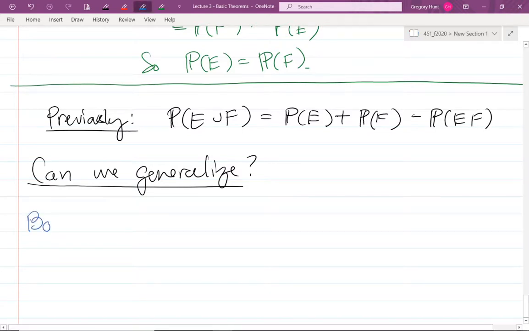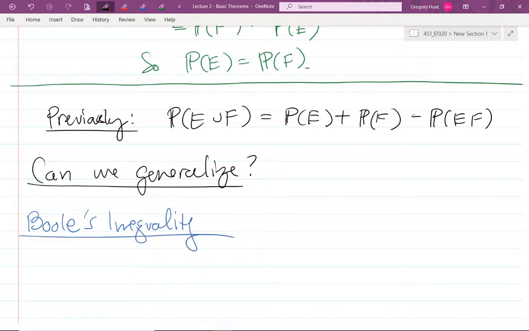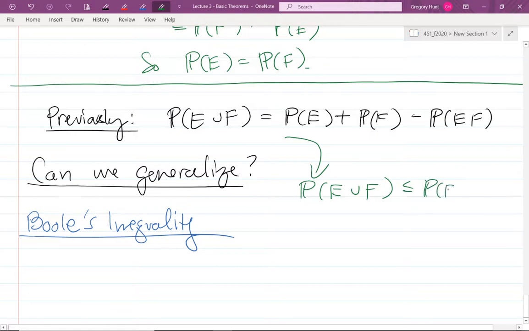This is called Boole's inequality. So Boole's inequality, not an equal sign, we can generalize this fact here to say that the probability of E union F is at most the probability of E plus the probability of F, right? This thing has to be bigger than or equal to 0. So another way of saying this is that the probability of E union F is never bigger than the probability of E plus the probability of F.